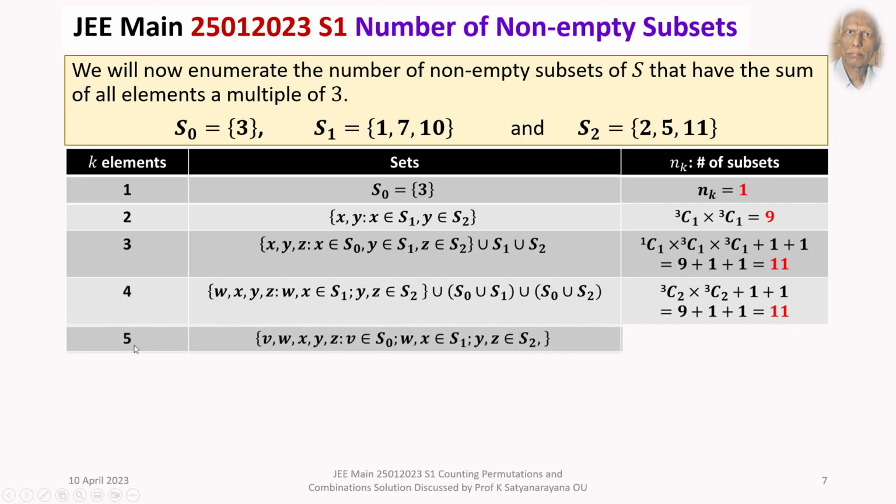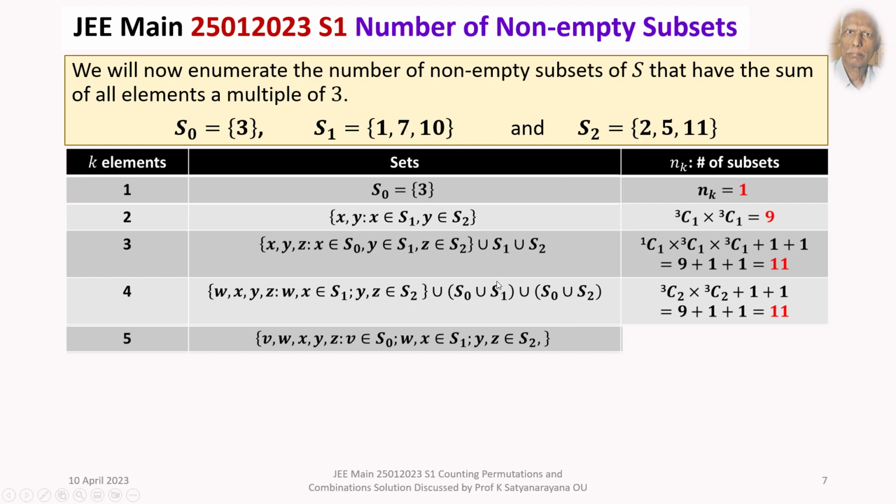Now, having 5 elements, V, W, X, Y, Z. V belongs to S0, one element is from S0, and any 2 elements from S1, and any 2 elements from S2. So, if you see, any 2 elements from S1 and any 2 elements from S2 when added is a multiple of 3, and to that one element of S0 is added, then it is also a multiple of 3. That means one element from S0, 2 elements from S1, 2 elements from S2.